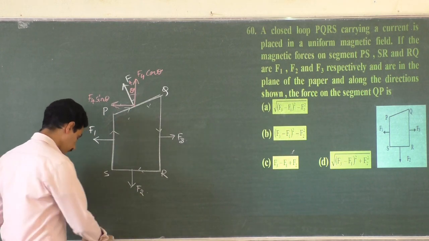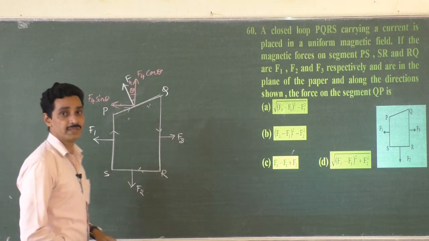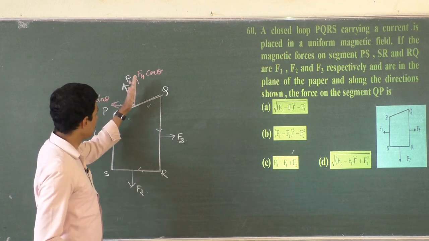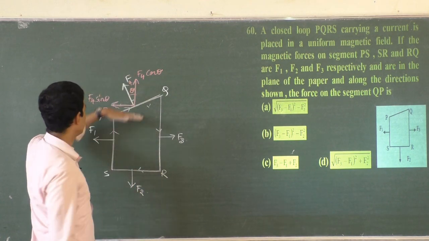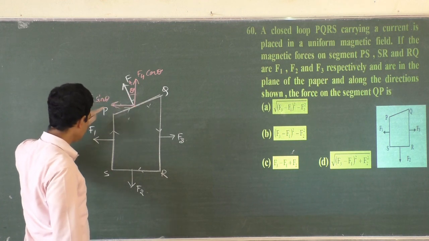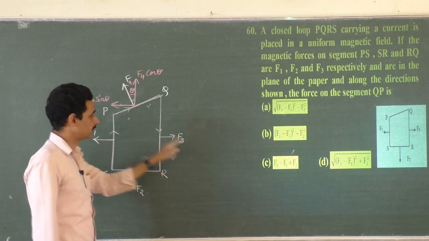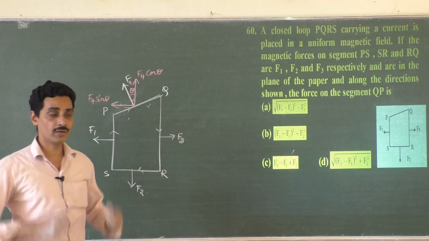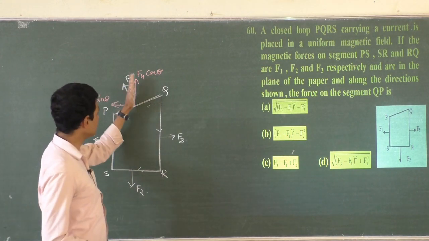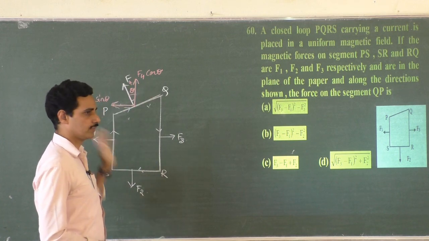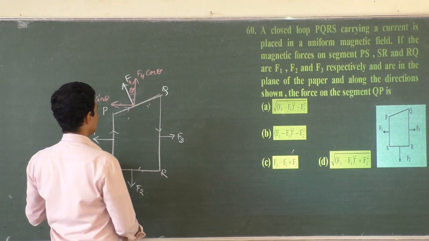Now, if the whole net force acting on the whole loop is 0, then this F4 cos theta must take care of F2, cancel it. What about F4 sin theta? F4 sin theta and F1 when added must be equal to F3, isn't it? Otherwise, how come the net force on the loop is 0? So, the components of this force must take care of all the other forces and make the resultant 0.